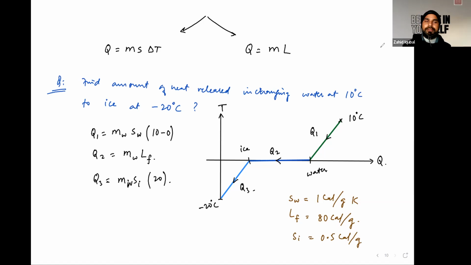Let me just ask you a question. You'll be asked, in a waterfall, why is the temperature of the bottom water slightly greater as compared to the water above? Samaira, could you explain?